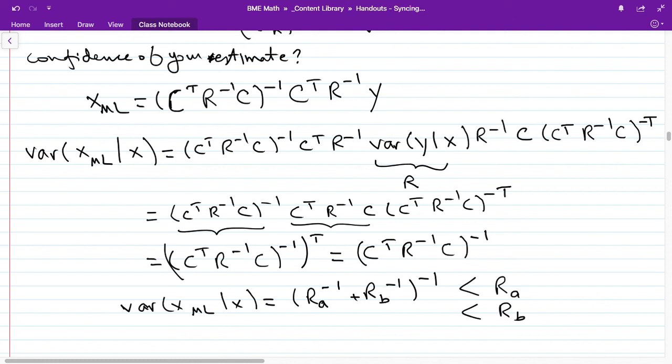When you combine them to get the maximum likelihood estimate, your uncertainty about where you are is going to be less than the uncertainty about any individual measurement. So if you have two sensors, your uncertainty about where you are is less than if you had one sensor, because when you combine the two things, your variance goes down.